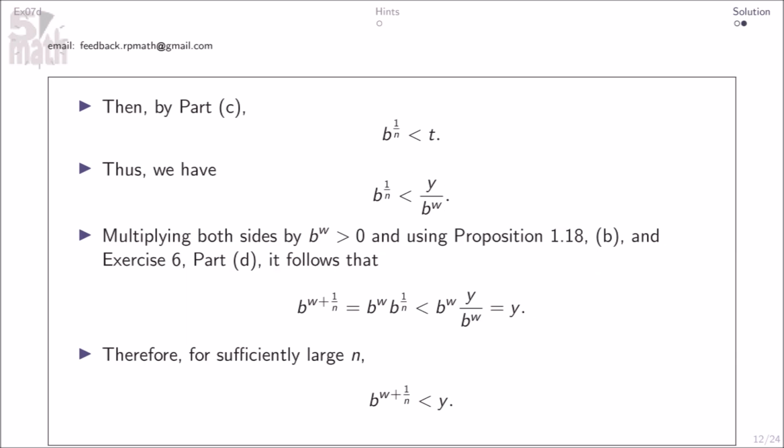Then, by part C, b^(1/n) < t. Thus, we have b^(1/n) < y/b^w. Multiplying both sides by b^w > 0, and using proposition 1.18b and exercise 6 part D, it follows that this. Therefore, for sufficiently large n, b^(w+1/n) < y.